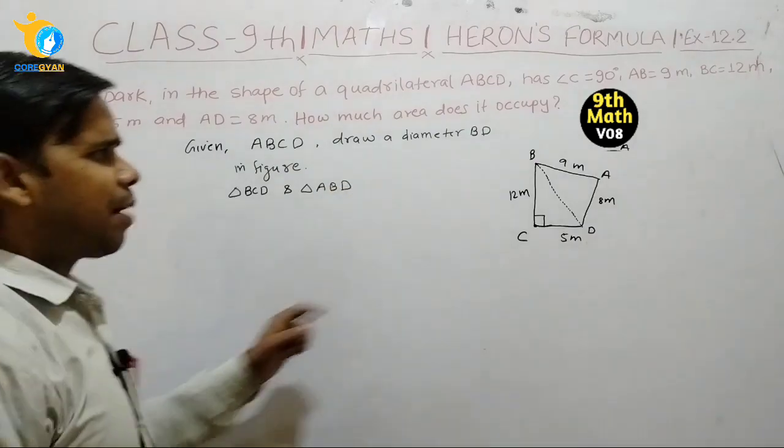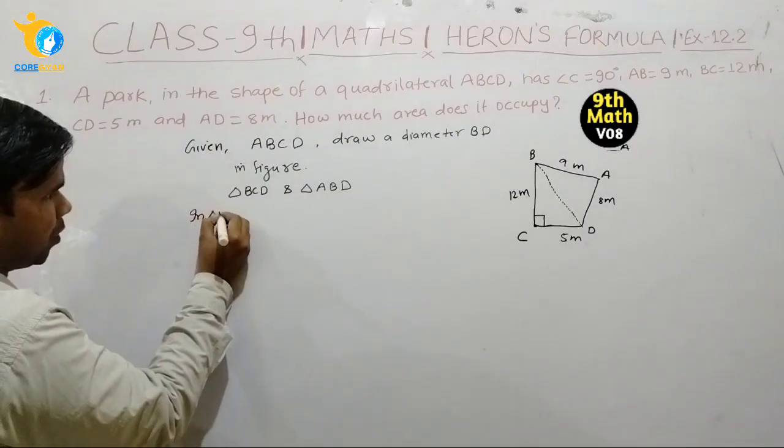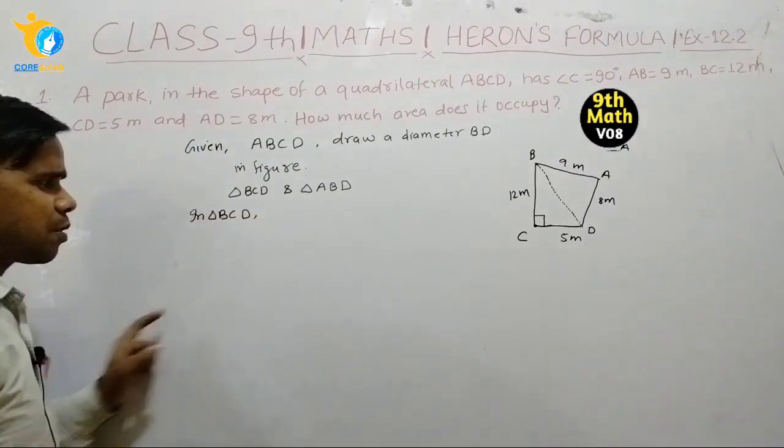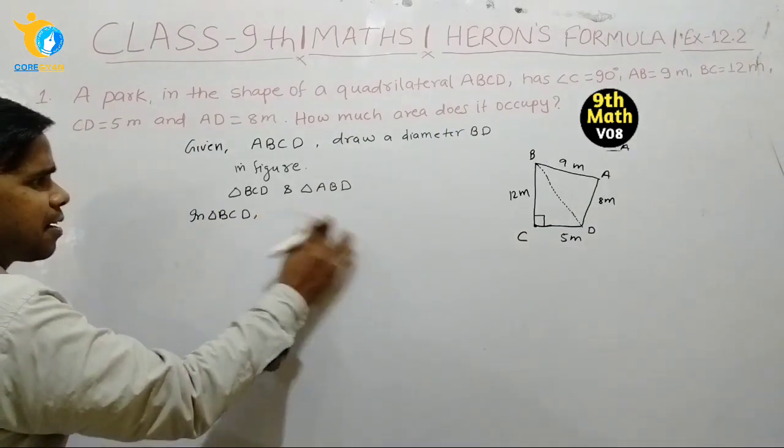So firstly we see triangle BCD, because BCD is a right angle triangle.